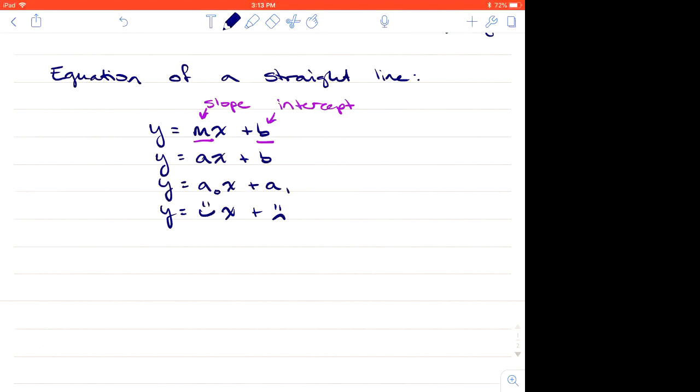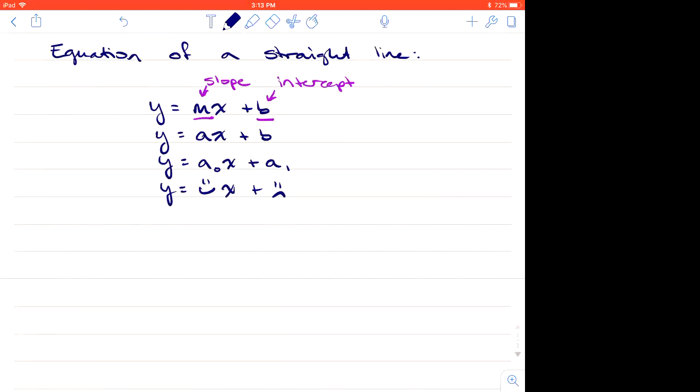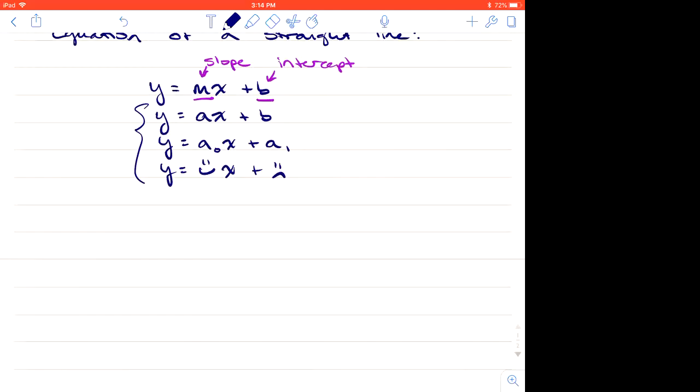Whichever one is attached to the x, that's going to be your slope. Whatever is unattached, I guess, it's single, is the intercept. Okay, so that's good to know. These are just other ways of writing the same thing.